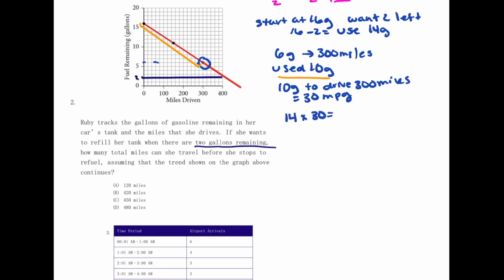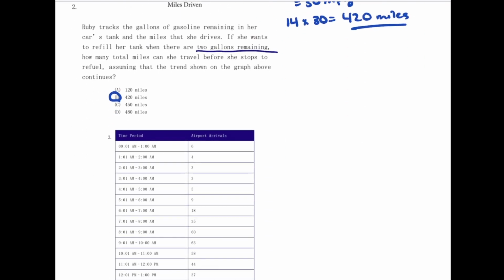You can't really tell what that number is using the graph, so we have to calculate it. She started at 16 gallons of gas, and we want to know the number when she has used 14, because we want to know when she has 2 left. At 30 miles per gallon, we would do 14 times 30 equals 420.